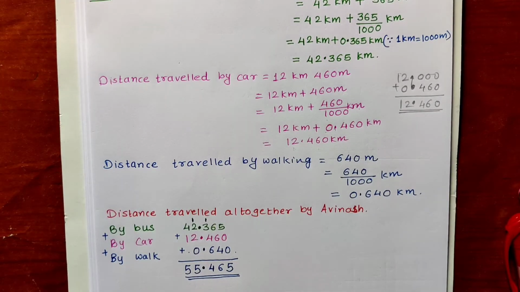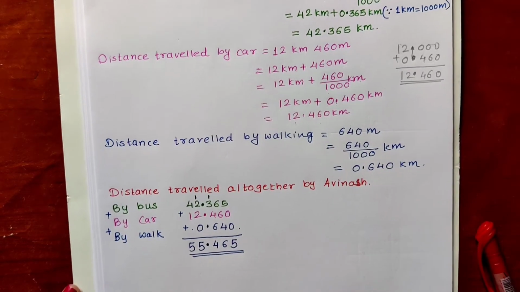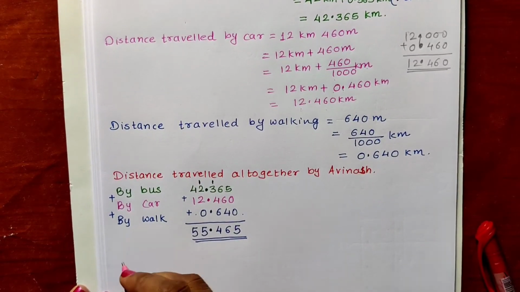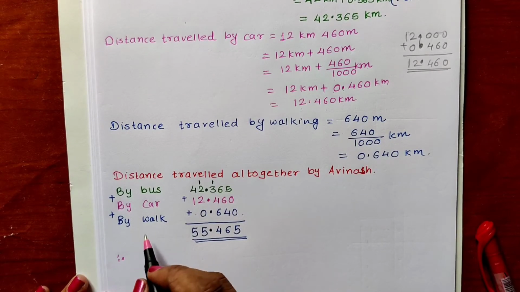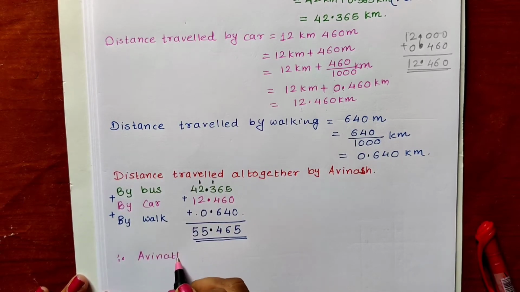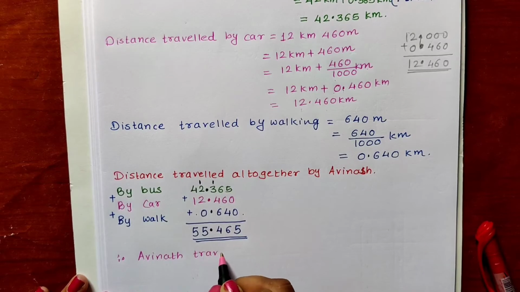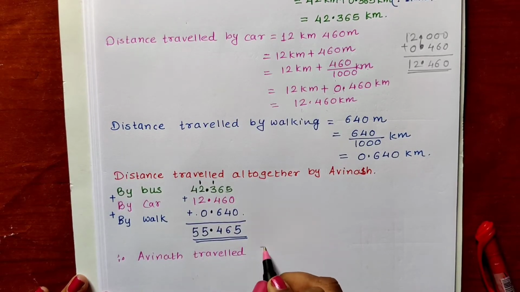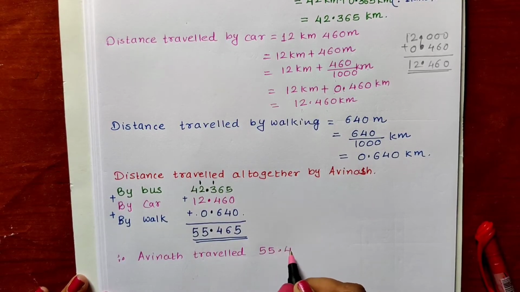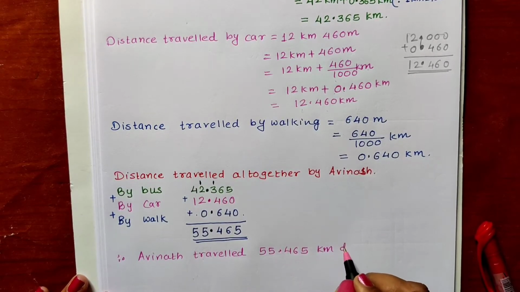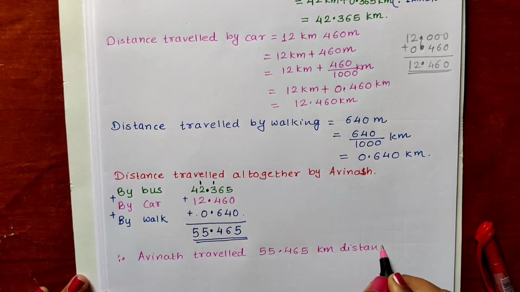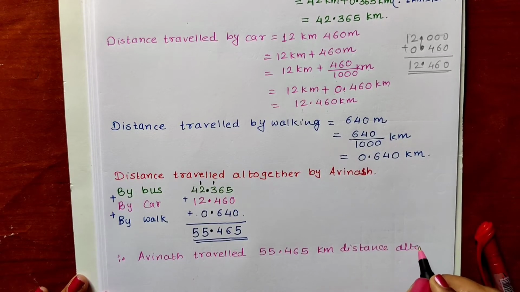We can write the answer statement. So write the answer statement. Therefore, Avinash traveled 55.465 kilometer distance all together.